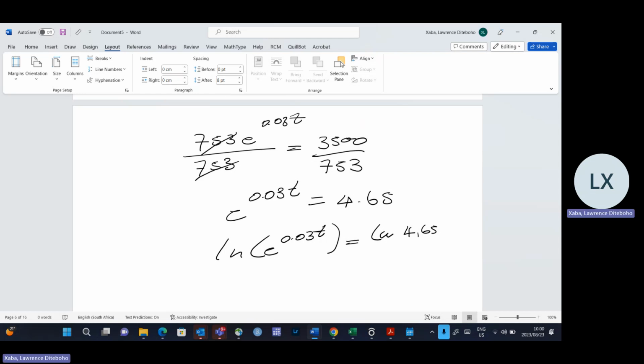So when you apply that, we end up having 0.03t equals ln of 4.65. Okay. We end up having 1.54.